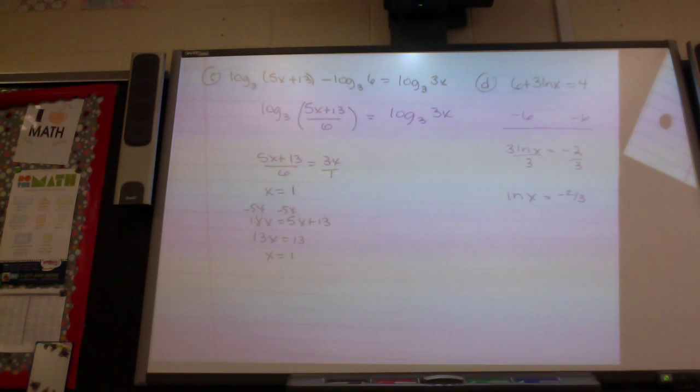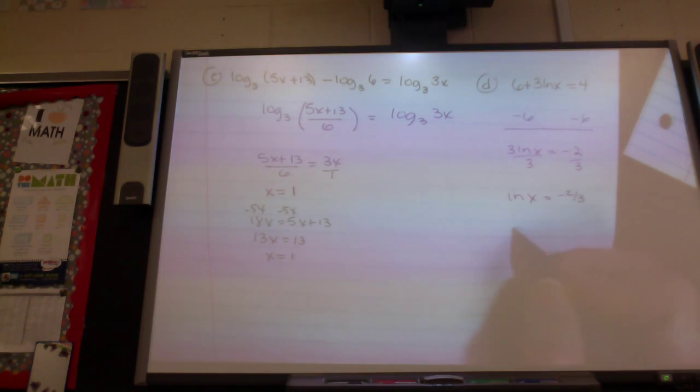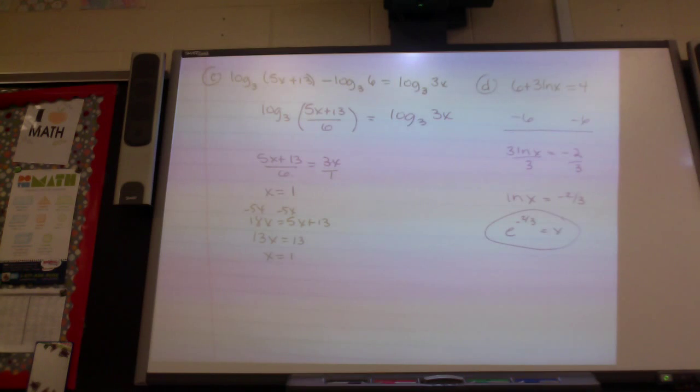This is now just like example A: e to the negative 2/3 equals x.